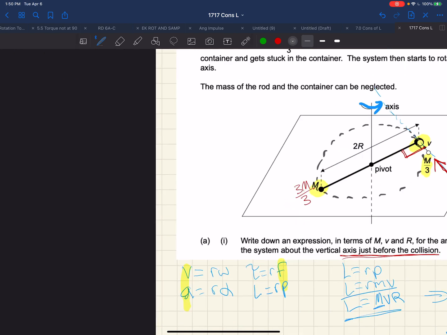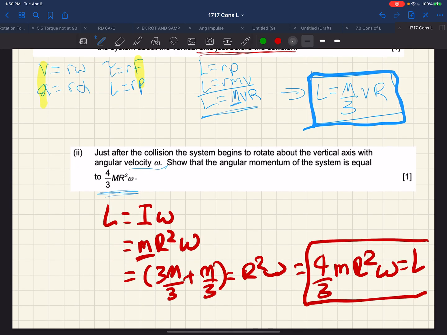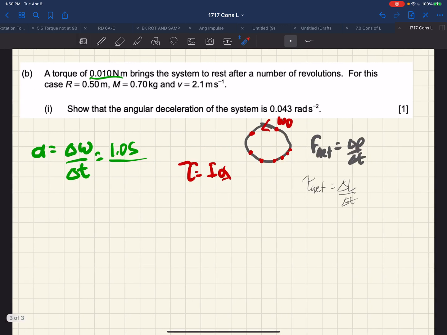So our initial momentum is 4/3 mr squared. So that 4/3 mr squared is the delta L.